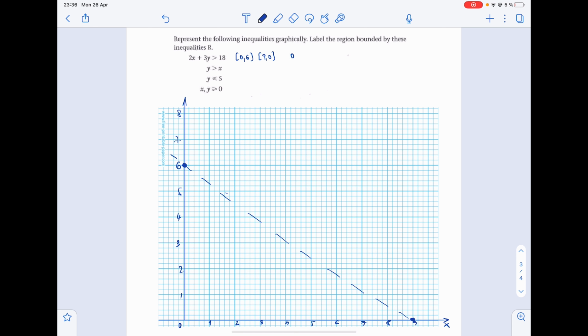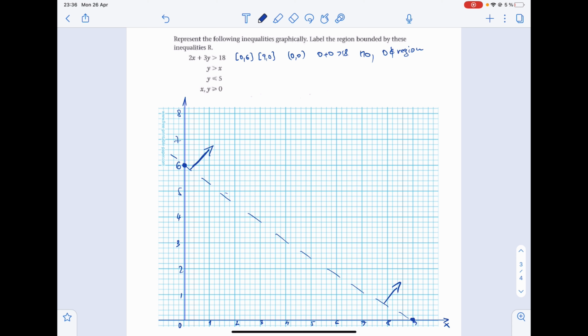So if I plug in 0, 0, then I would have 0 plus 0 is greater than 18, which is obviously not true. So that means 0, 0 doesn't belong to the half plane I want. That means I want to keep this part and reject the second part.